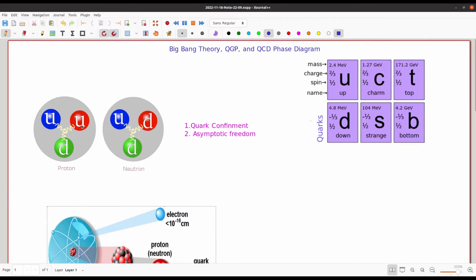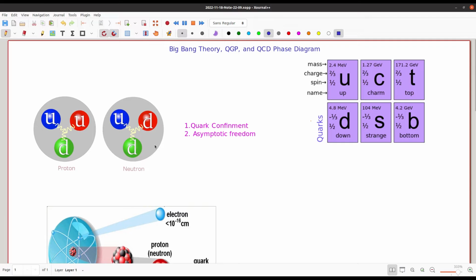In normal nuclear matter, in the case of protons or neutrons, we have three quarks connected by the exchange of gluons. That binds them inside the proton or neutron. This is the case of normal matter.